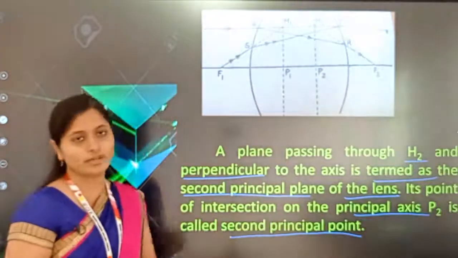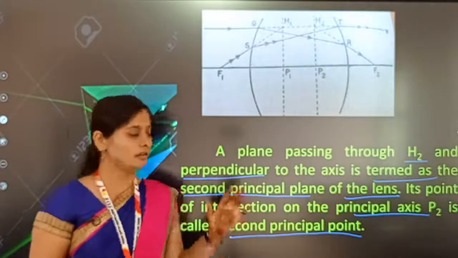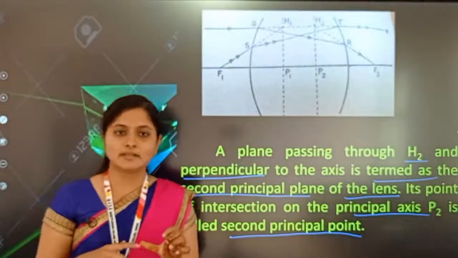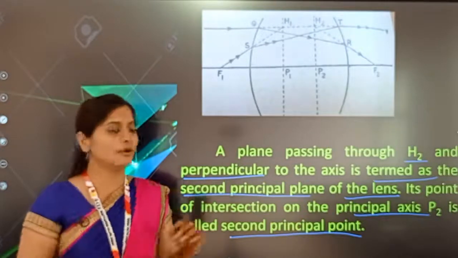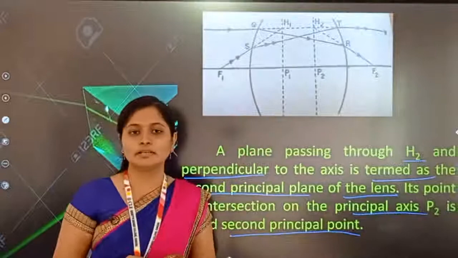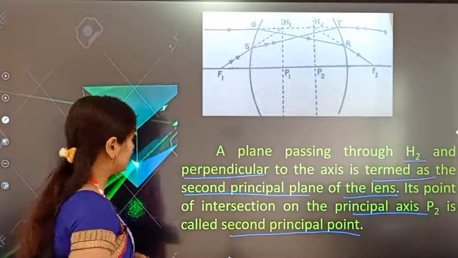That P2 is known as the second principal point. Up to this we got the second principal plane as well as the second principal point. The second principal point is our P2 and the second principal plane is H2 P2. Okay, we'll move to the next.